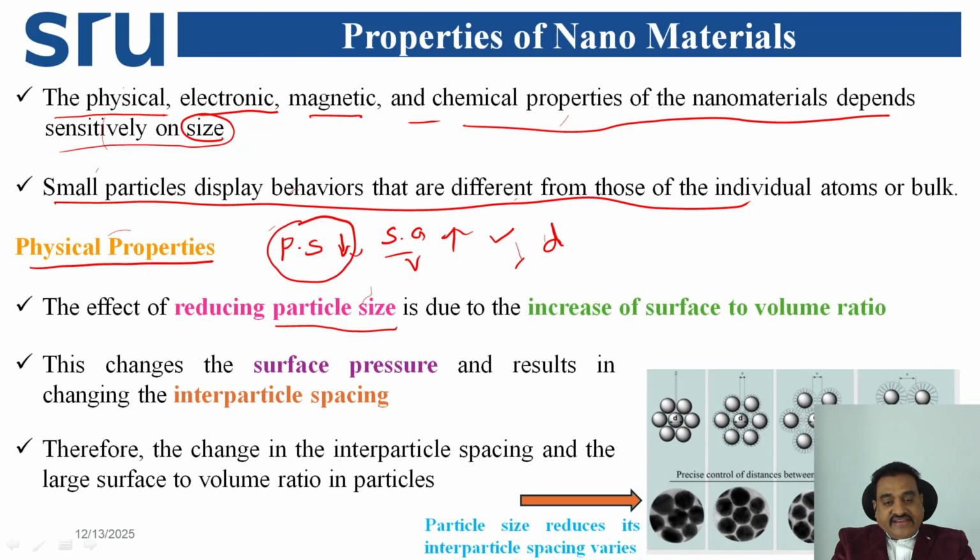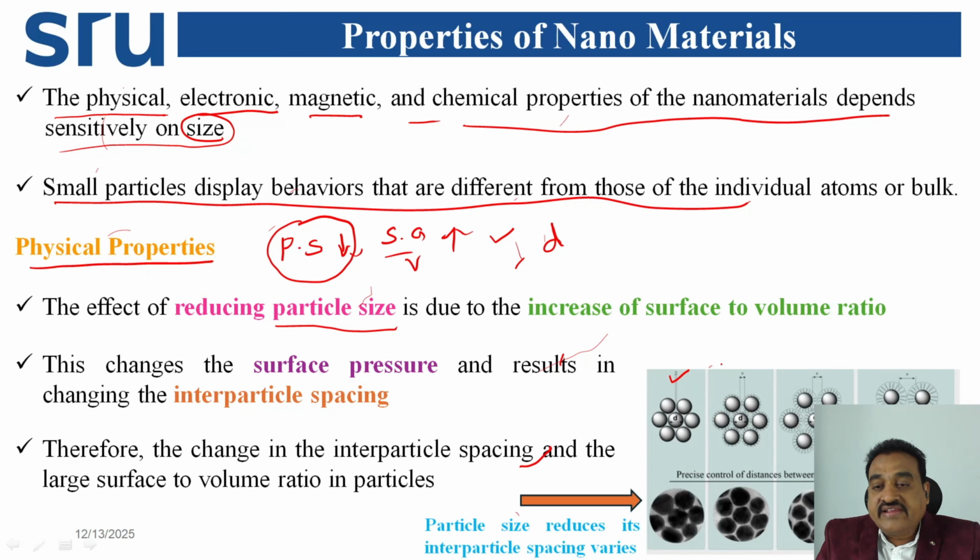The particle size decreases, the surface area to volume ratio increases, and this changes the surface pressure and the interplanar spacing. Therefore, there is a change in the interplanar spacing and a large surface area to volume ratio in particles. As particle size reduces, its interplanar spacing also varies. Try to understand this d value.